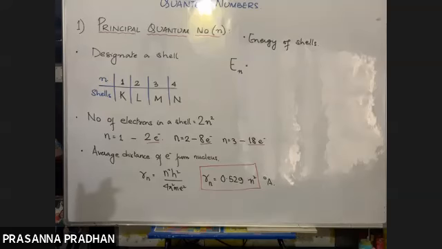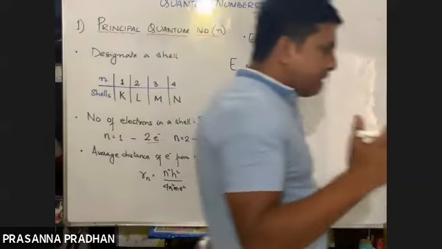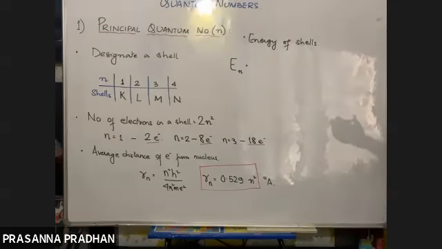hc by lambda. That was the outcome of Planck's quantum theory, E equals h nu, the energy of a wave.